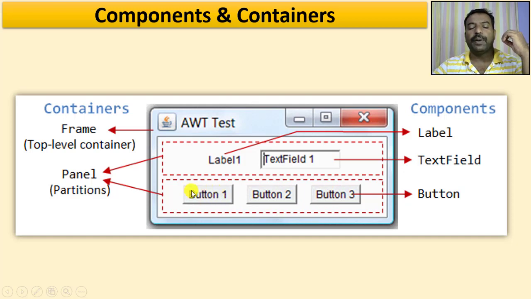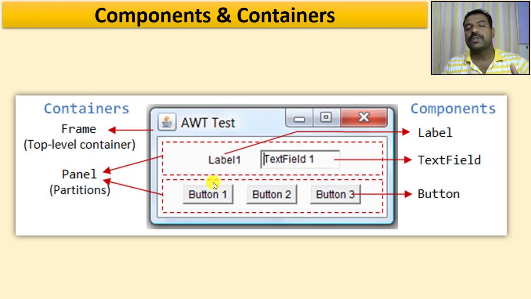All these are components. Hence, the place where the components are held together, or the space which is provided and the space utilized, that is where the differentiation happens.